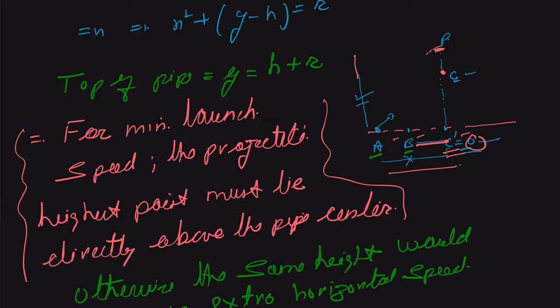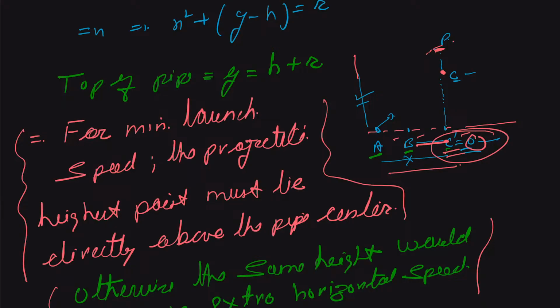Okay. So this will be the position for our minimum launch speed. And we have to remember this point has to be the highest point of the launch. Okay, projectile's highest point, P. This is very important, and this is a concept we can just remember as it is.